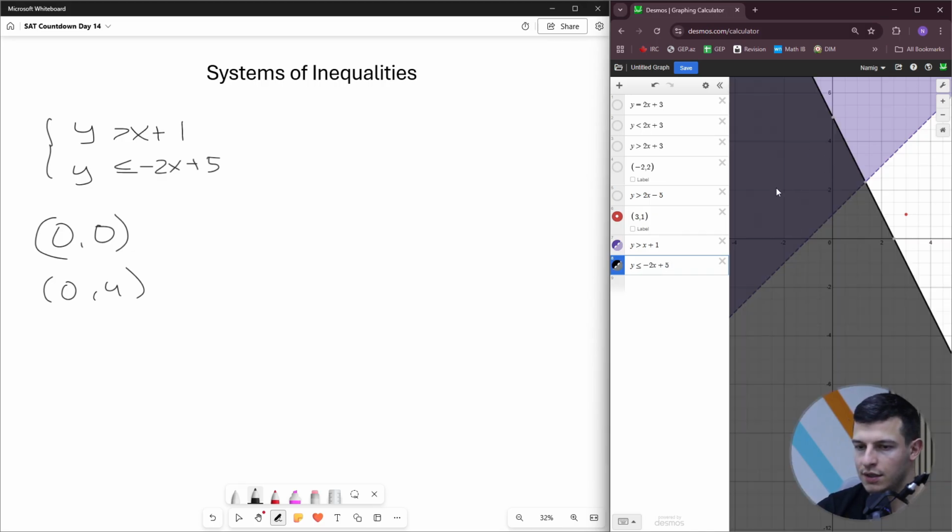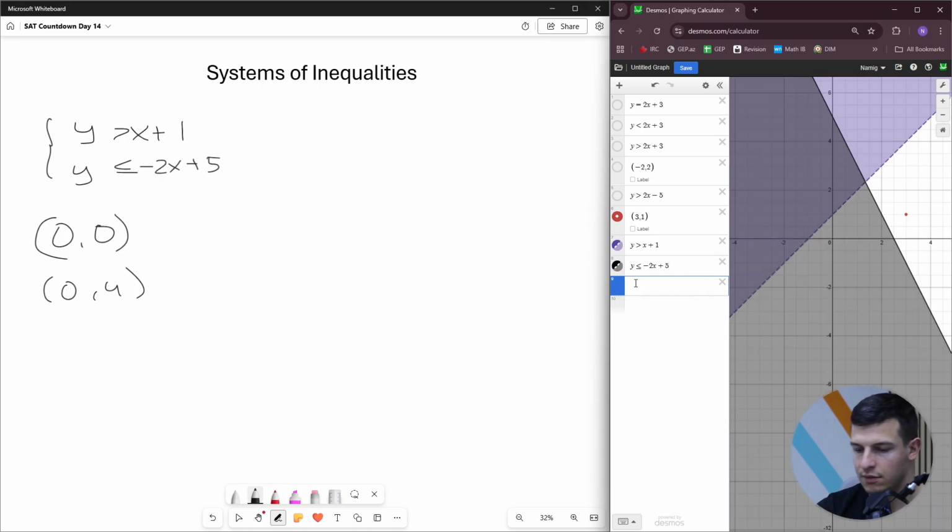So the shaded region is this dark part. And then we can just see, or we can check. So I'll plug in 0, 0, just to be sure, and then 0, 4. There you go.